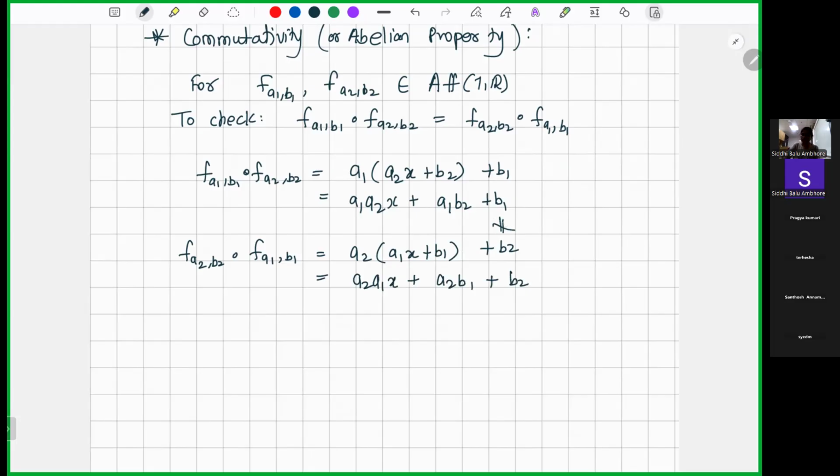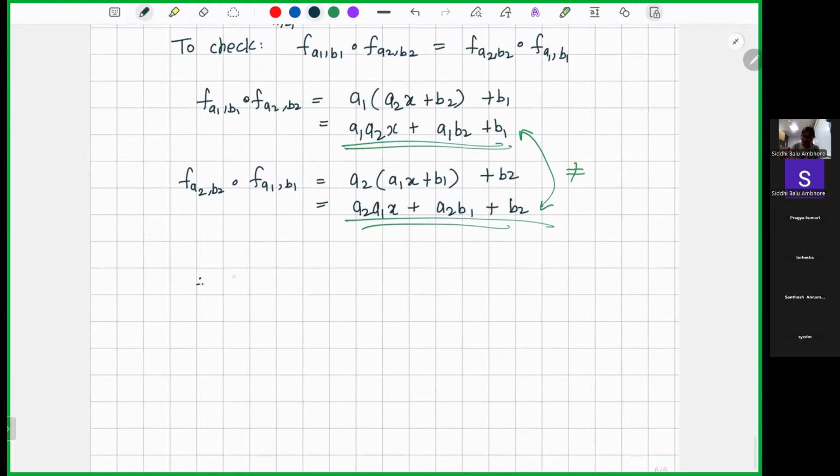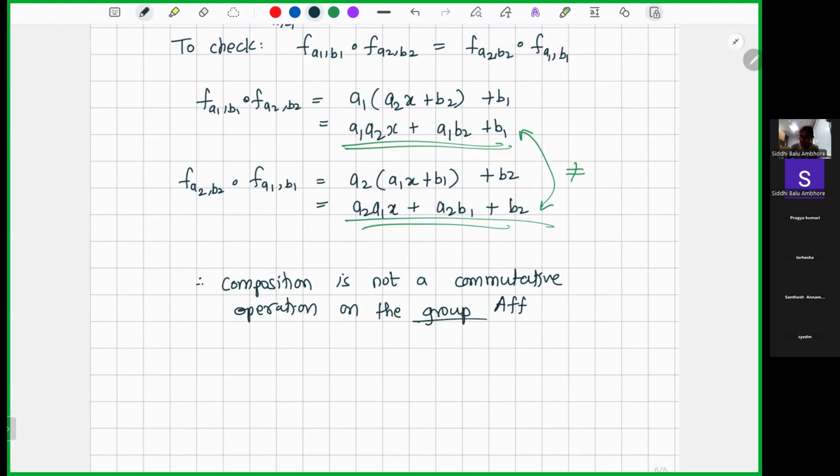Therefore composition is not a commutative operation on the group AFF 1 comma R.